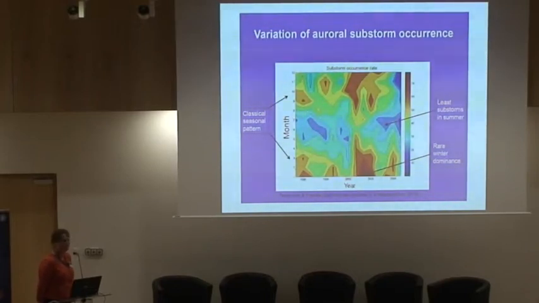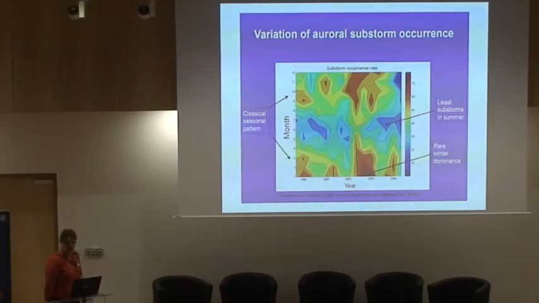So this picture will show you how auroral substorm activity varies over different time scales of years and seasons. In the x-axis I will show you years for solar cycle 23, and in the y-axis you will see the seasons, months. So typically you may have learned that the largest geomagnetic activity occurs in spring and fall.